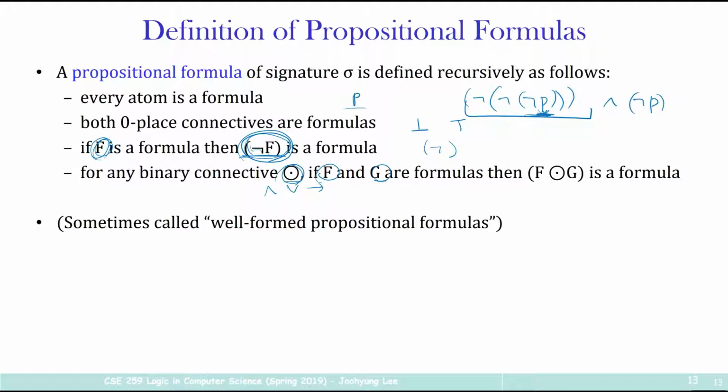If it is a formula, all you need to do is to show a way to construct that formula. If it is not a formula, then what you have to show is that no matter what combination of rules you apply, there's no way to generate that string. That's much harder because you have to show that all possible combinations of rules cannot generate such a string.